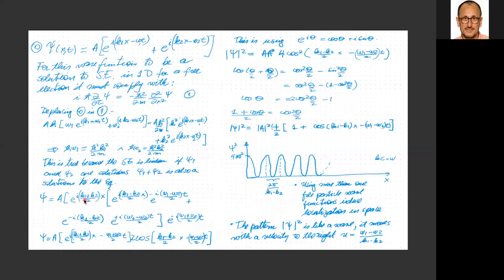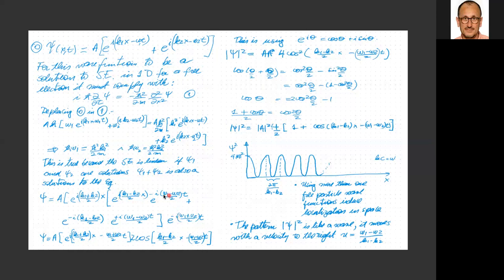So I have ik1 over 2 times x, so I get ik1x, which is what I have here. And from this side I have ik2x, but here I have minus ik2x. So if I sum both by multiplying them, they cancel each other. So in principle, it gives the correct expression here.